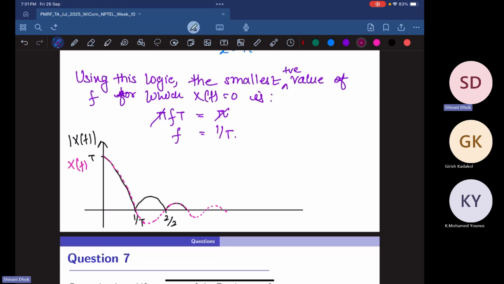So this is your f equal to 1 by T, the first zero crossing. Is it clear? Any questions?